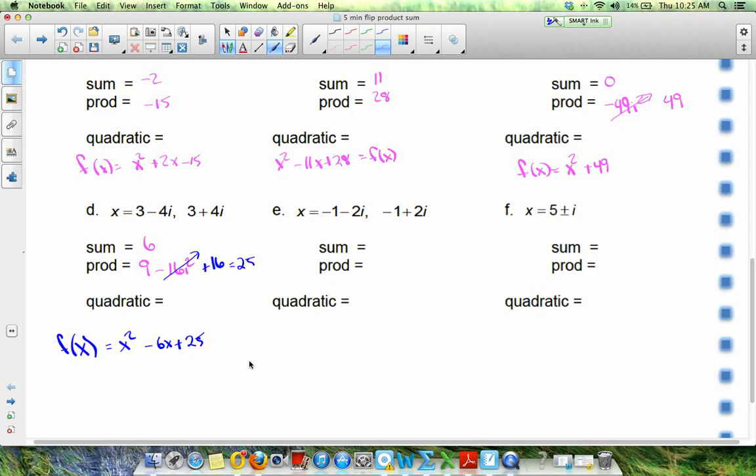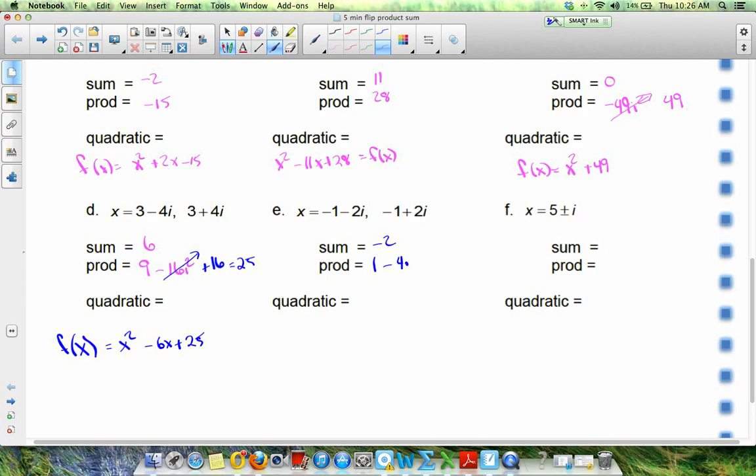Now, if you look at that versus multiplying it out, maybe using the box method, this is a huge time saver. So we're going to find my sum here. My imaginary is going to cancel because they're conjugates. So this is going to sum to negative 2. When you do your product, you're going to have negative 1 times negative 1, which would be 1. My middle terms will cancel.